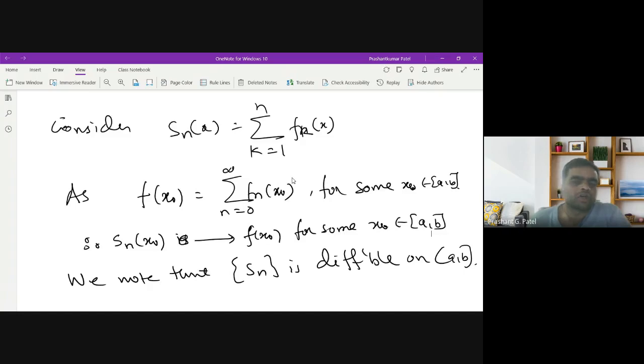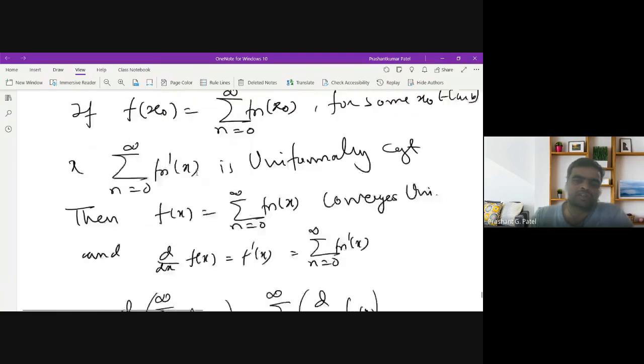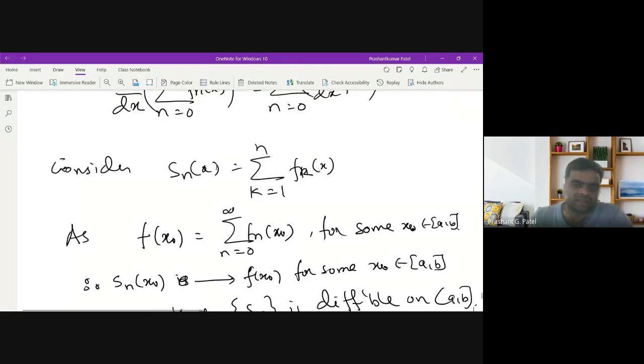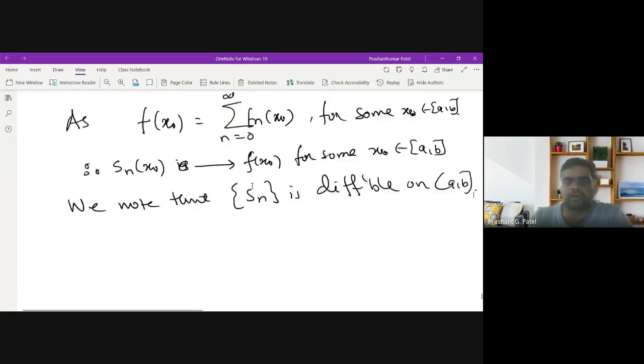Now the third condition we have to check is that the derivative sequence is uniformly convergent, and that is there due to the statement. It is given that summation n running from 0 to infinity fn dash x is uniformly convergent, which is exactly the partial sum of the derivative.